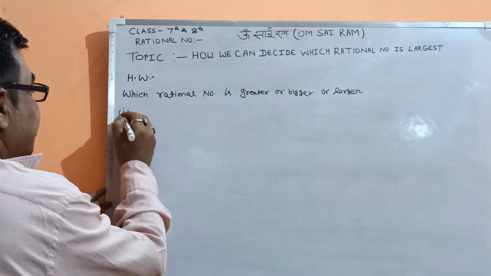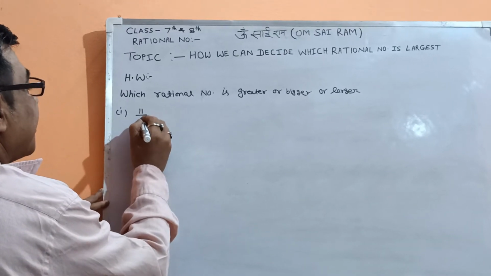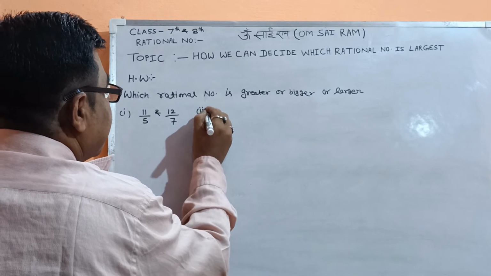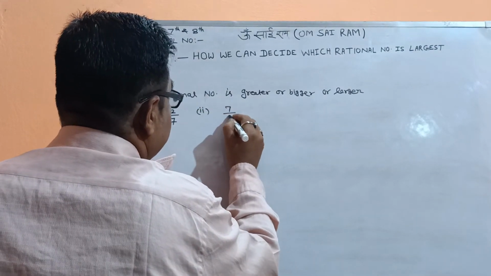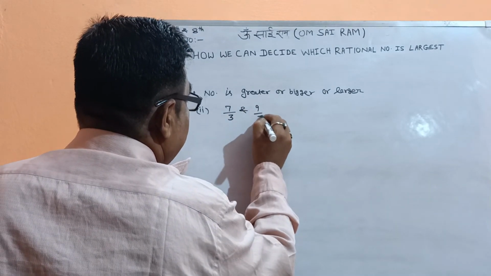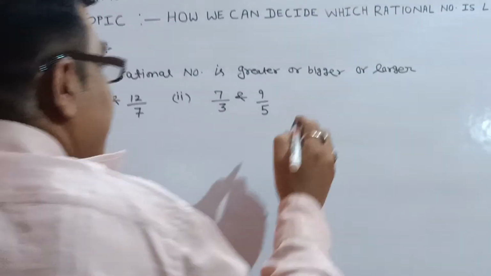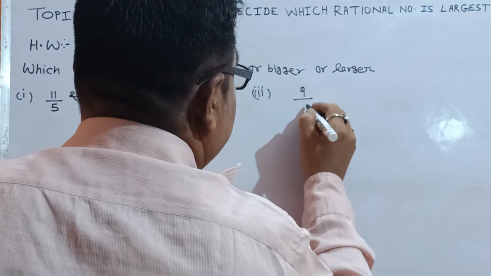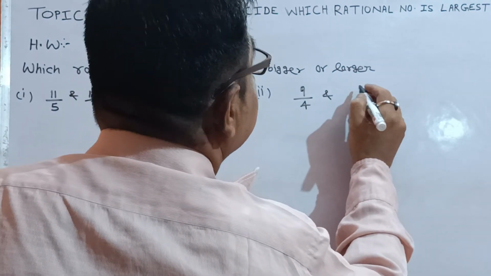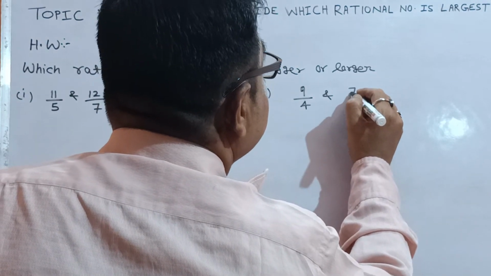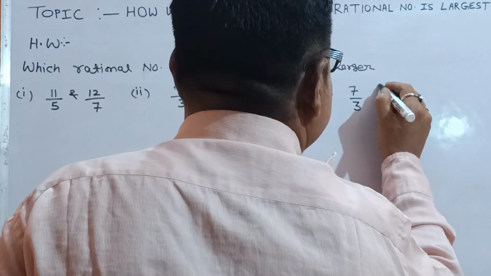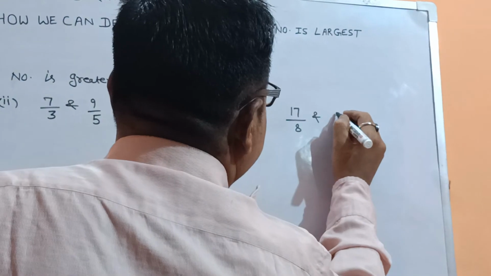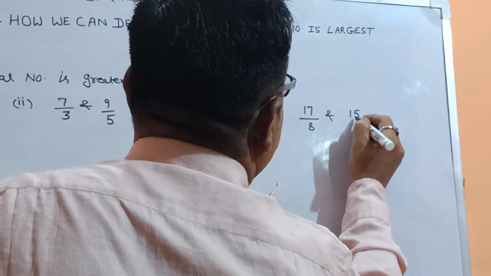First, 11/5 and 12/7. 7/3 and 9/5. 9/4 and 7/3. 17/8 and 15/7.